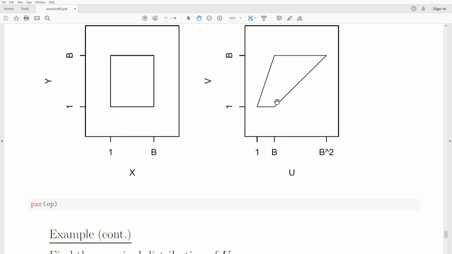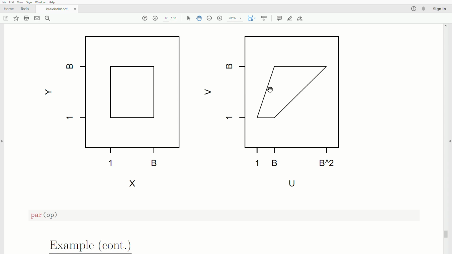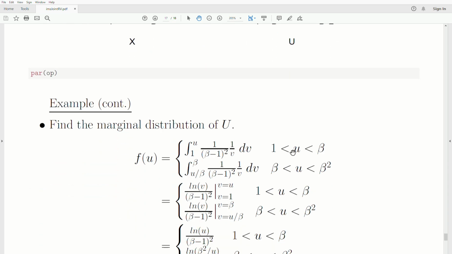So since this is a wonky domain, to integrate out v, we have to do it conditionally. So from 1 to beta, we integrate from this line to this line, and then from beta to beta squared, we integrate from this line to this line. And so there's two cases here.